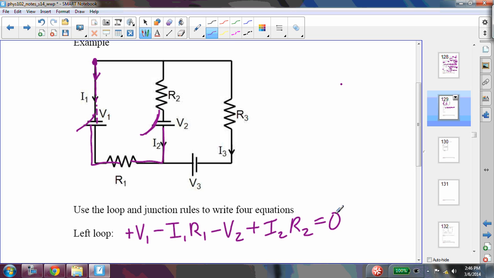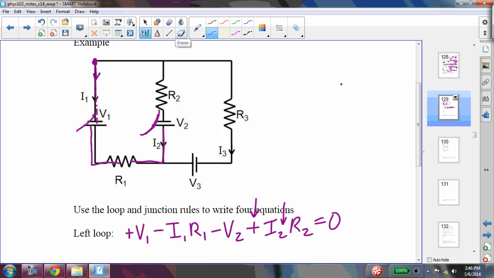First of all, you're going against the current, and if you go against the current, then that resistor experiences a positive change in potential. So this is a positive value, not a negative. And be extra careful that you get the proper subscript here.